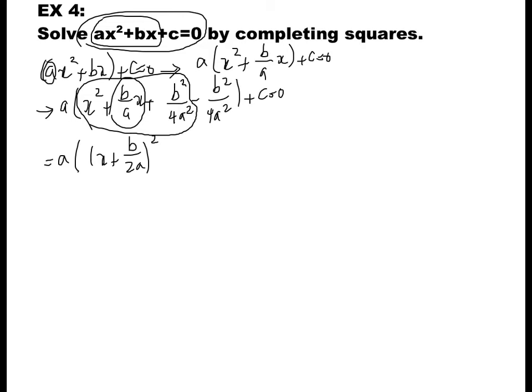And then I also have minus b squared over 4a squared plus c is equal to 0.